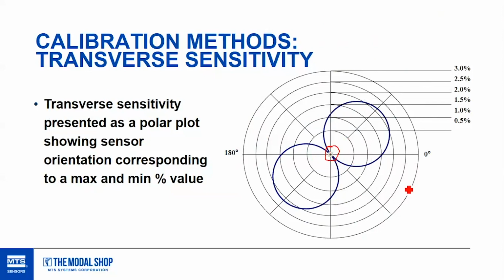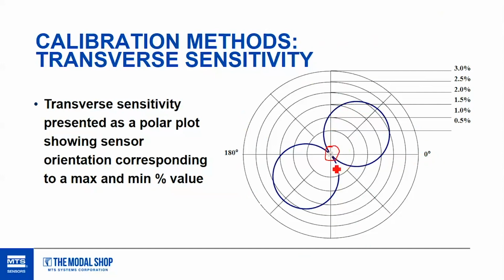So the direction that this accelerometer is intended to be measured is through the page, up and down, through this plot. And the output that you see in blue there is the percentage transverse sensitivity with respect to orientation. So 0 through 360 degrees of orientation on this accelerometer.